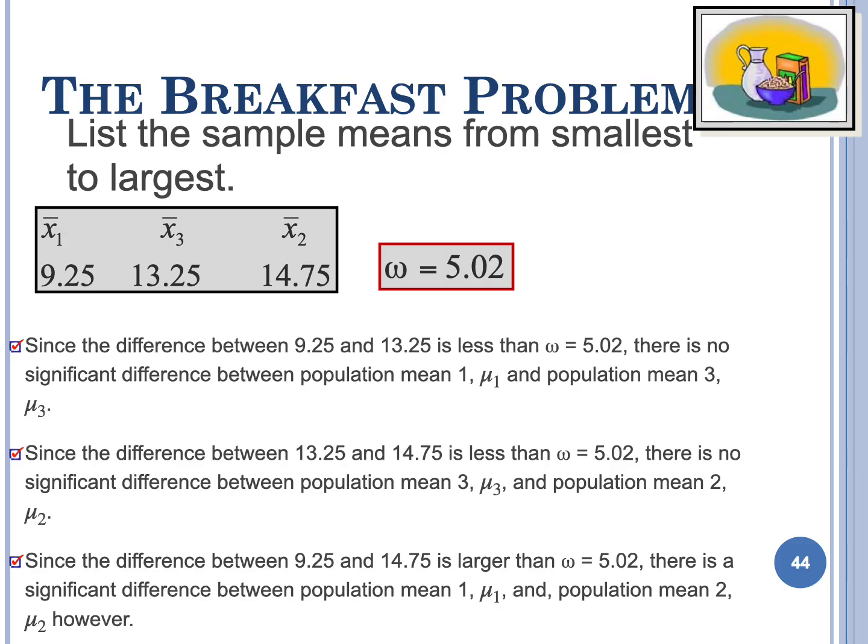Okay, and since it's pairwise, the last one is the difference between the first one and the third one. So it's 9.25 and 14.75. The difference is 5.5, which is larger than the omega value. Therefore, we conclude that there is a significant difference between population mean 1, mu1, and population mean 2, mu2.